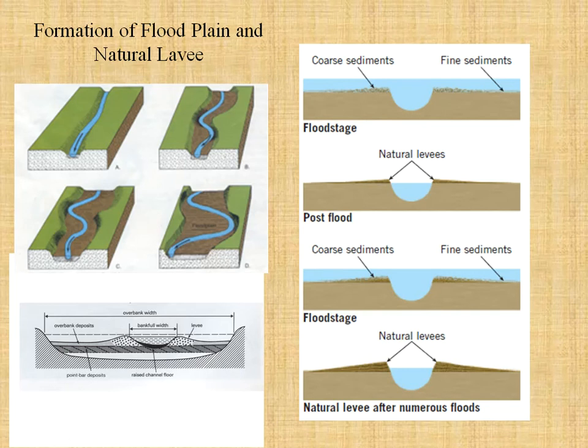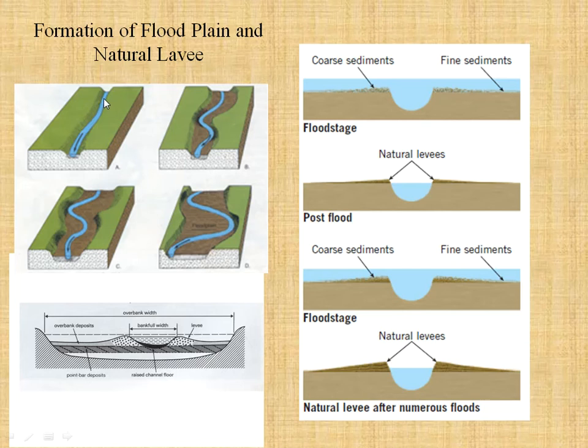Now this diagram explains the formation of the wide floodplain and the formation of meandering channel. The river, when it adopts this curved path, is said to meander. Now earlier this was flowing in a straight channel.